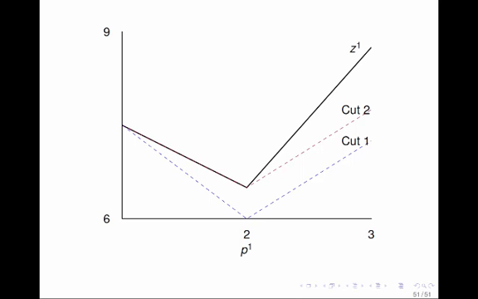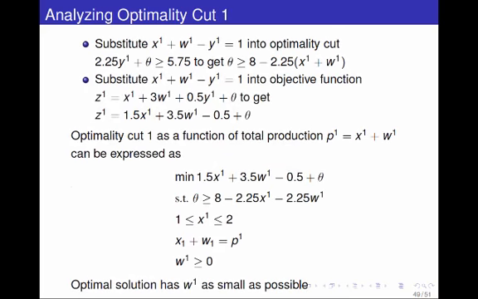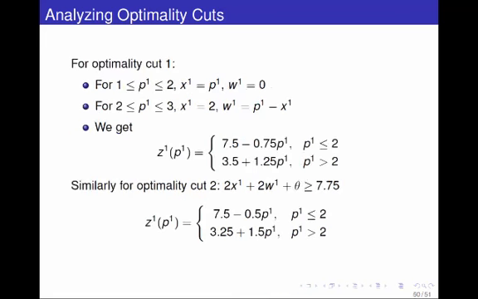What you're seeing in this graph is, in the horizontal axis, total production in period 1. And this blue dotted line is the first optimality cut we generated. That one we saw together just now, and it's this one over here. I derived it analytically for you using this whole argument. The blue line is this expression here.